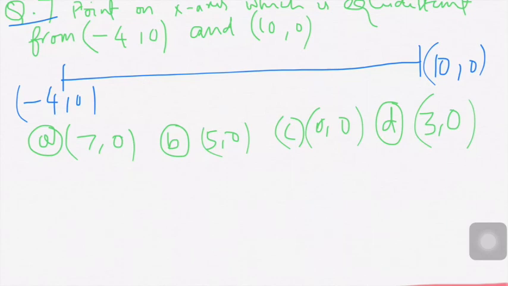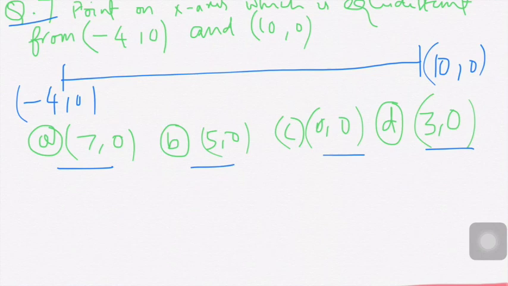So there are two ways to do it. One is basically you check the answers first, and from there you see whether there are any answer which is equidistant from these two points.